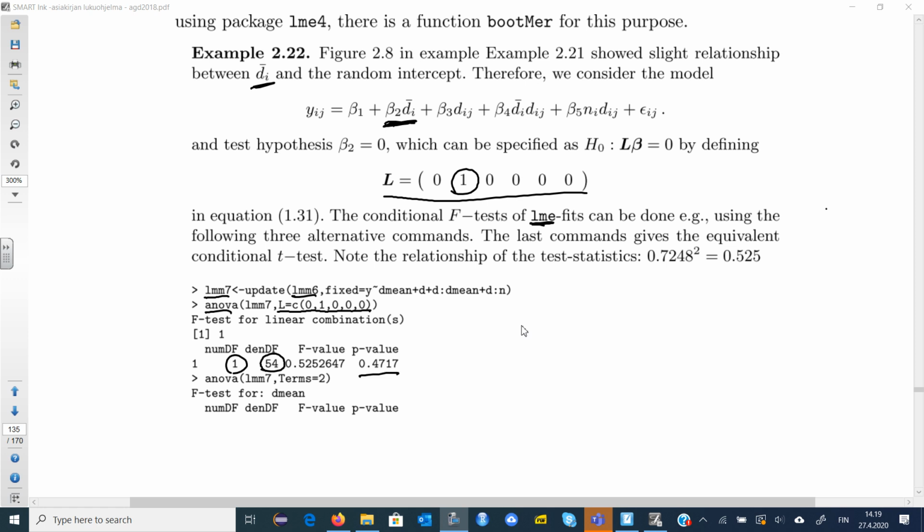the p-value is 0.4717. We notice that the denominator degrees of freedom is 54 because now this predictor d mean is specified at the group level.